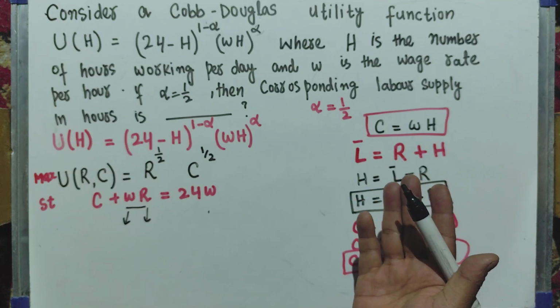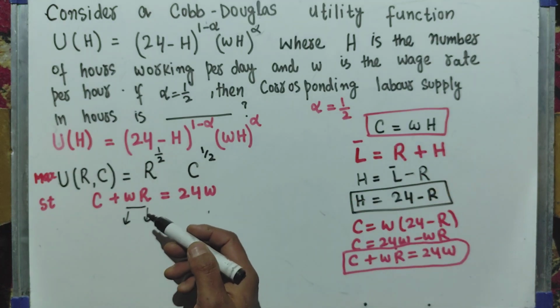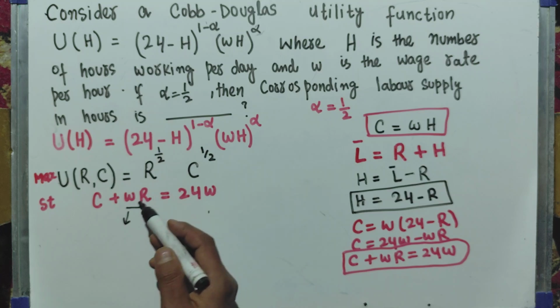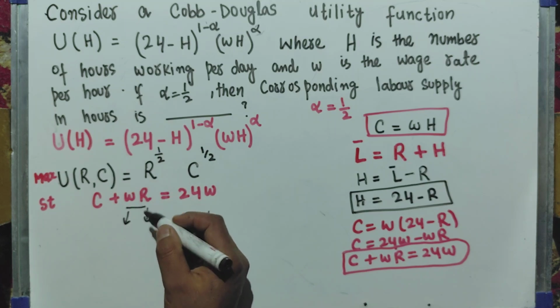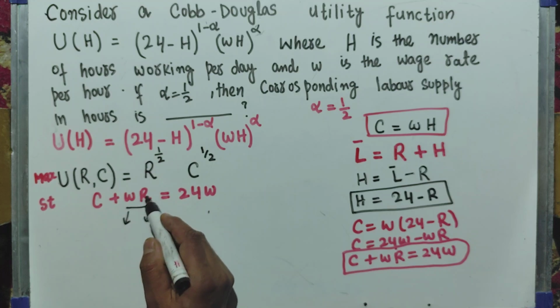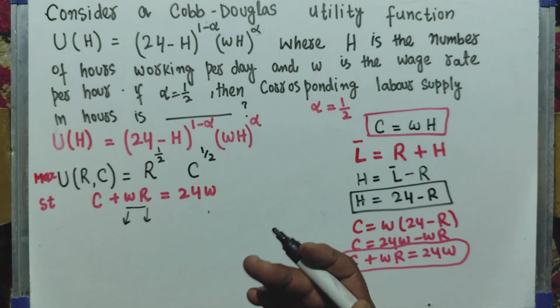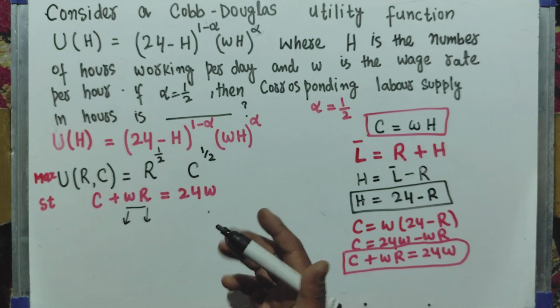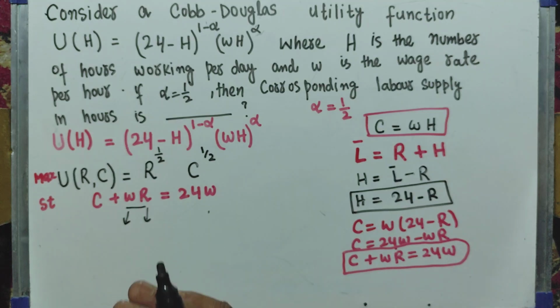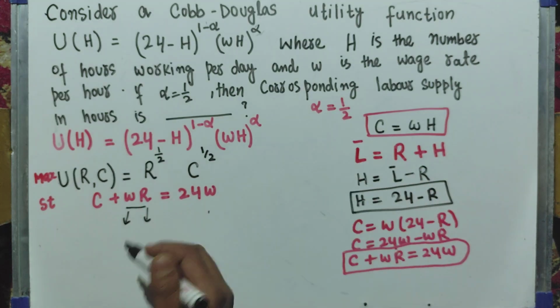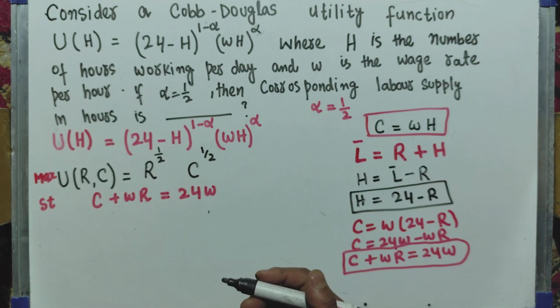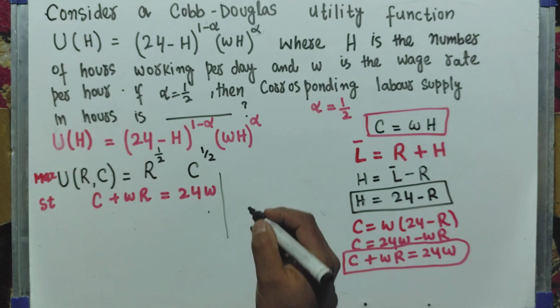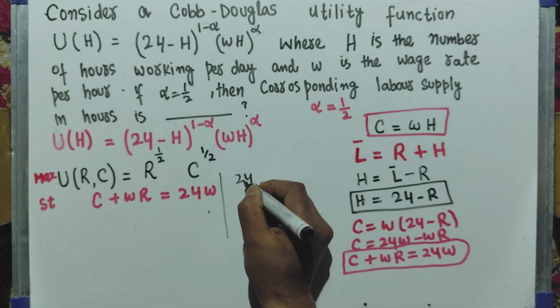Simple thing: if a person is not working and is using some hours for leisure, that means W times R will also denote his expenditure, that is, the opportunity cost of not working. Let me explain. Supposedly, a person has 24 hours.